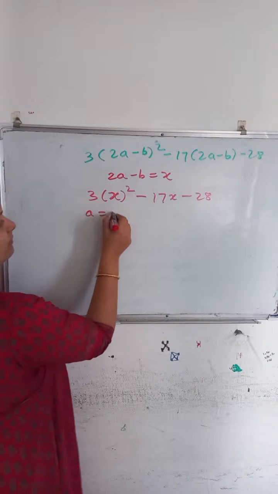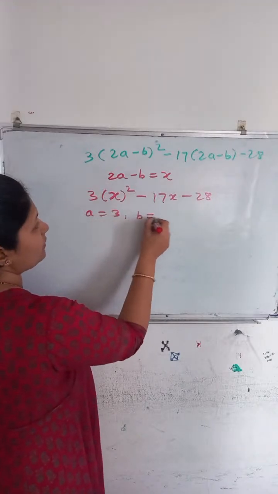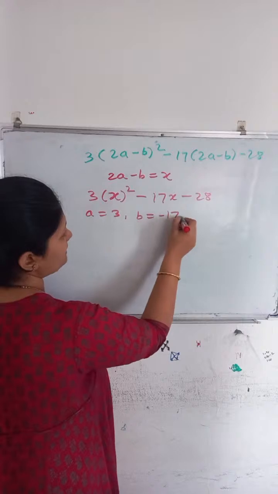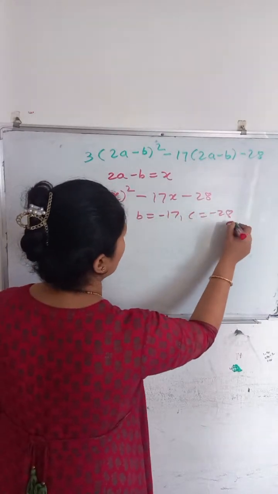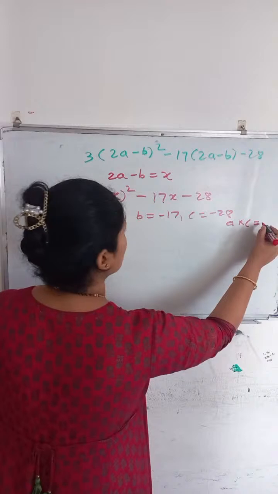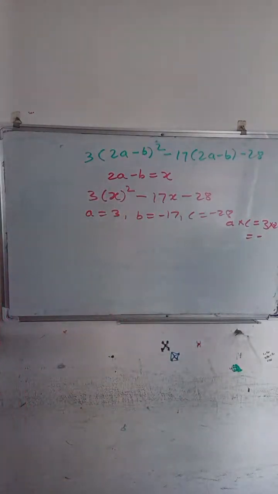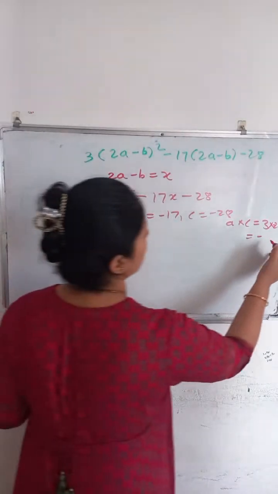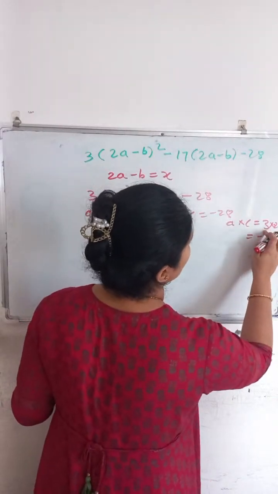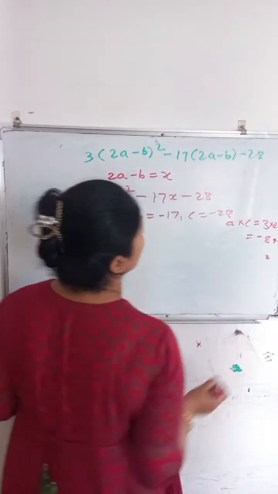Okay, if I compare, a is 3, b is the coefficient of x, that is minus 17, and c is minus 28. So a into c is nothing but 3 into minus 28, that is minus 84.